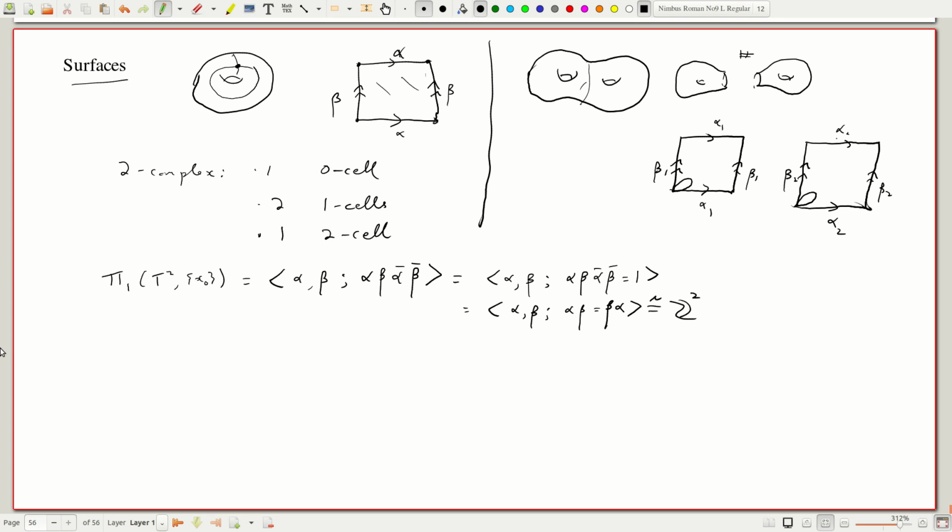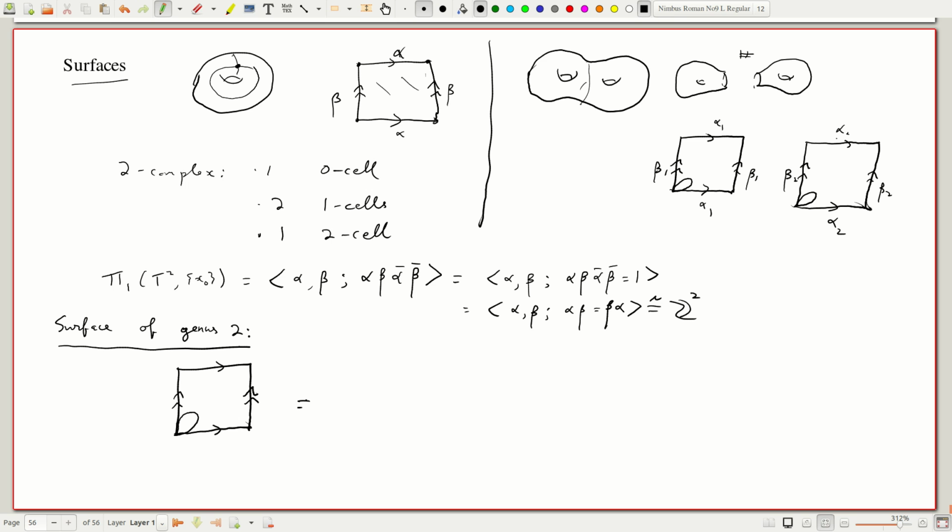Okay, and so now let's look at some calculation here. Surface of genus 2. So let's see what this creature is. We have a square and we deleted, so we have this way 2 lines, single line and 2 lines. And we delete this.